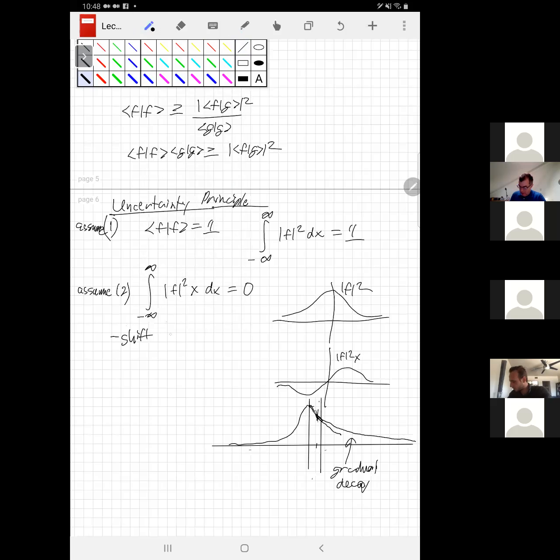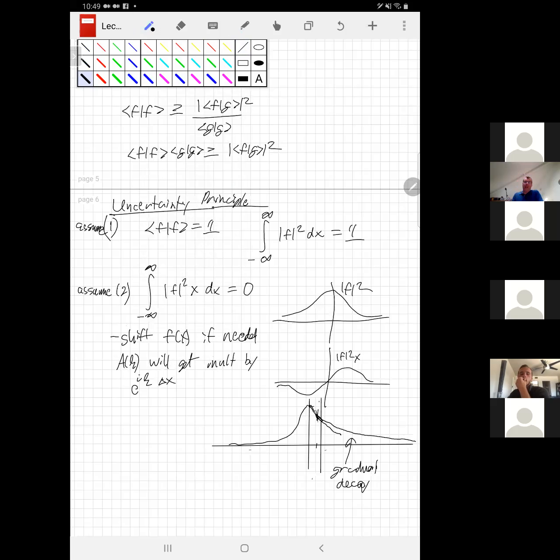We could shift f of x if needed. A of k will get multiplied by e to the i k delta x, where delta x is however much we shifted it.